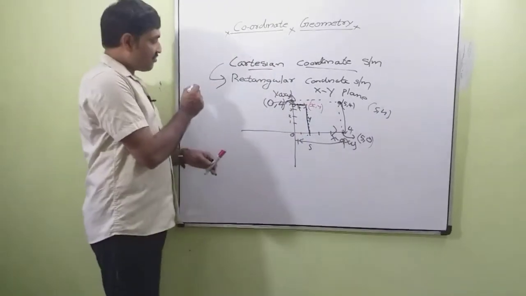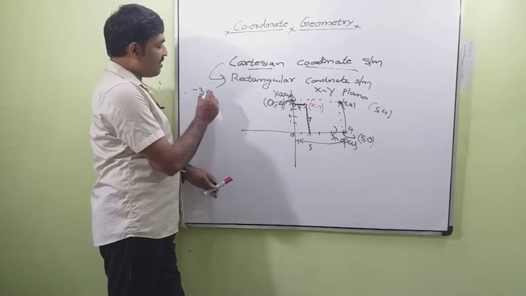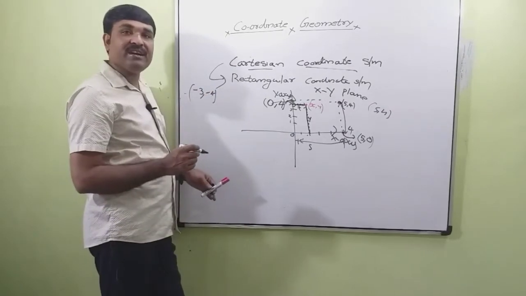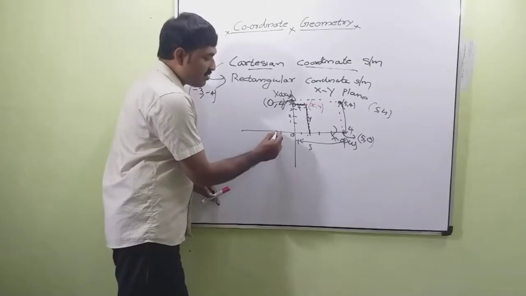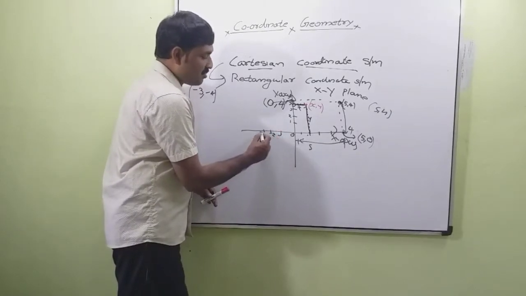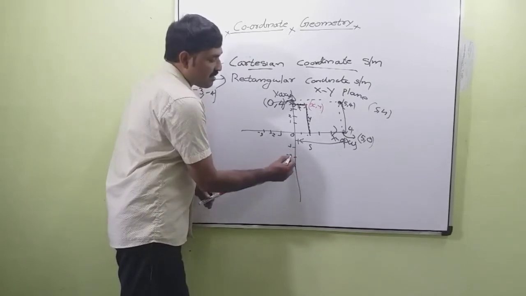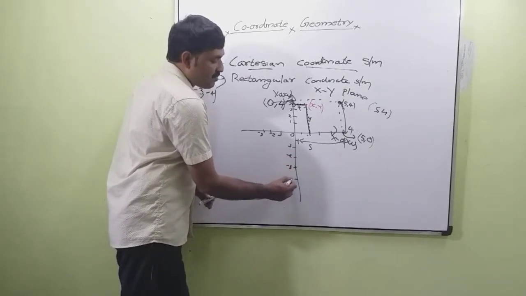Suppose I have minus 3, minus 4. This is lying in the third quadrant. So minus 3 is minus 1, minus 2, minus 3. And minus 4 is minus 1, minus 2, minus 3, minus 4.